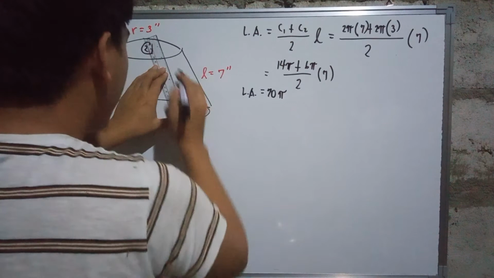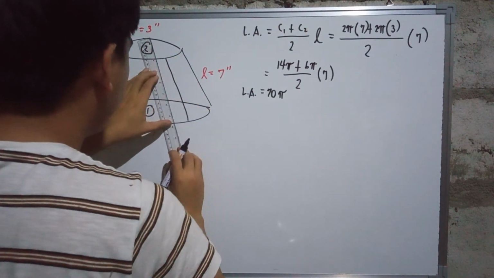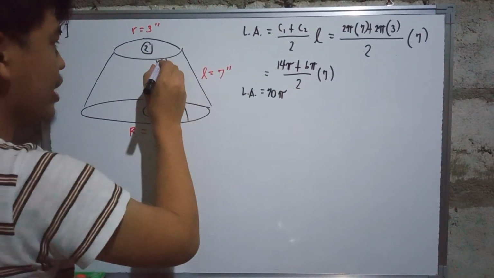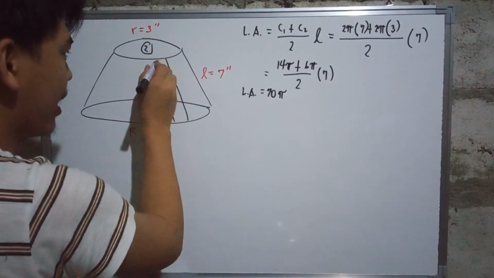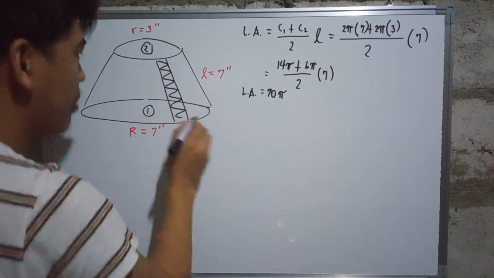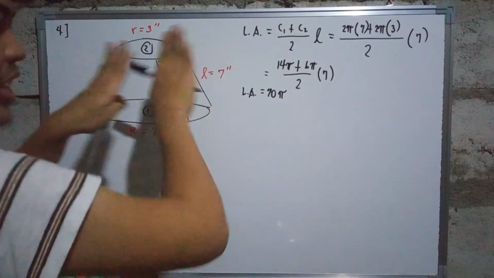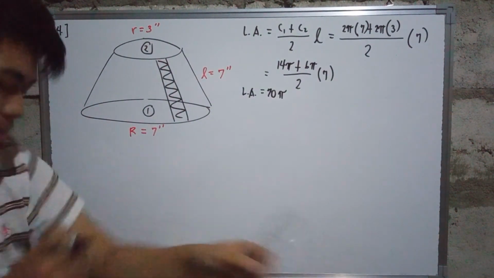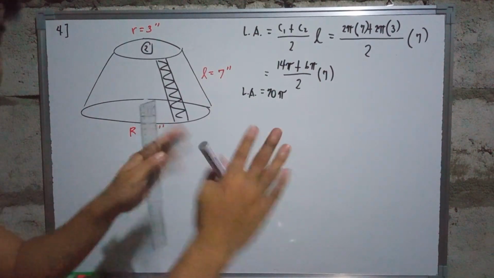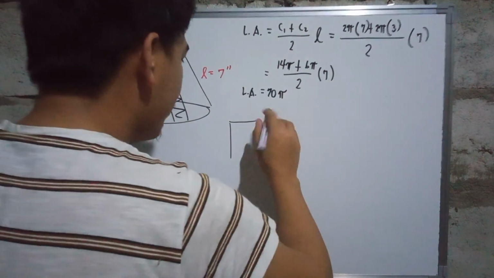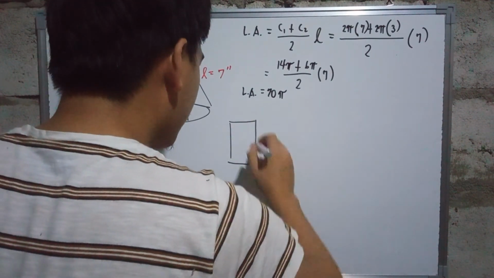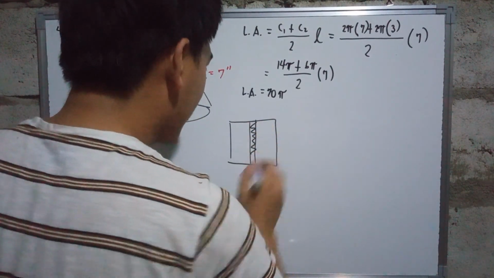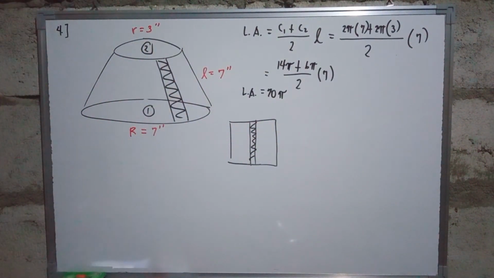So, usually kasi, example yan, mag-o-overlap siya, yung tinatawag nating seam, tapos tinatahi dito. Para mag-close yung sa lampshade natin. So, sa mga tela na lang, example, magtatahi ka ng dalawang tela para mapag-connect mo sila ng maayos. So, kailangan meron silang overlap to each other. So, tapos, tatahiin mo. So, ganun din dito sa problem natin.